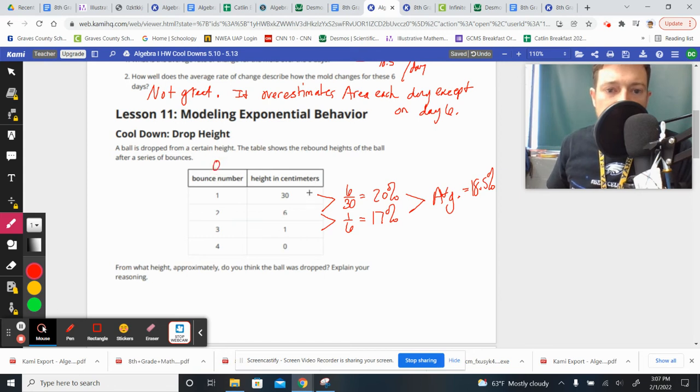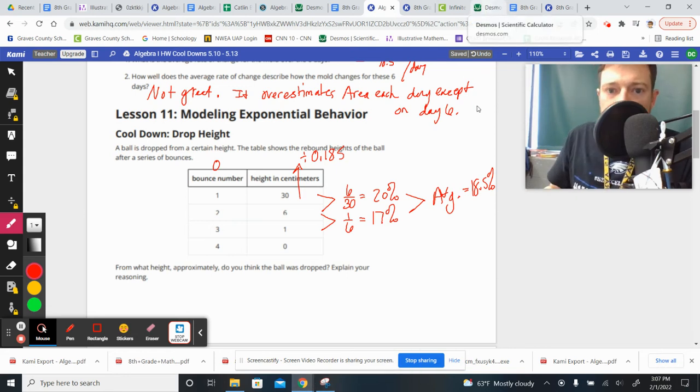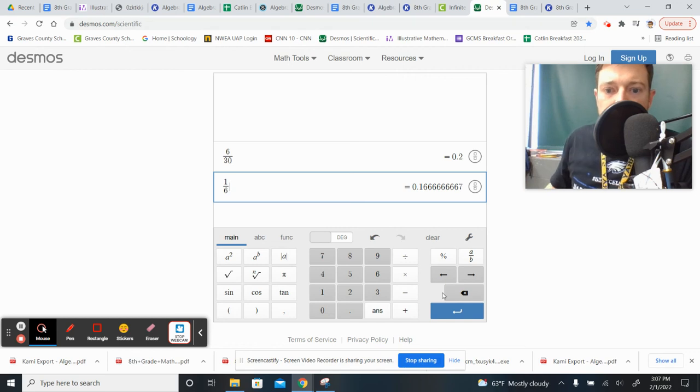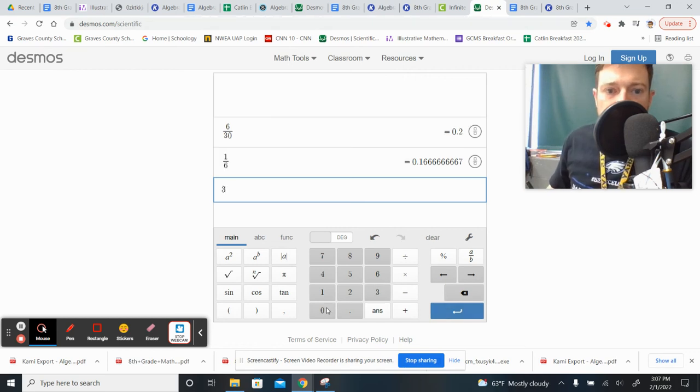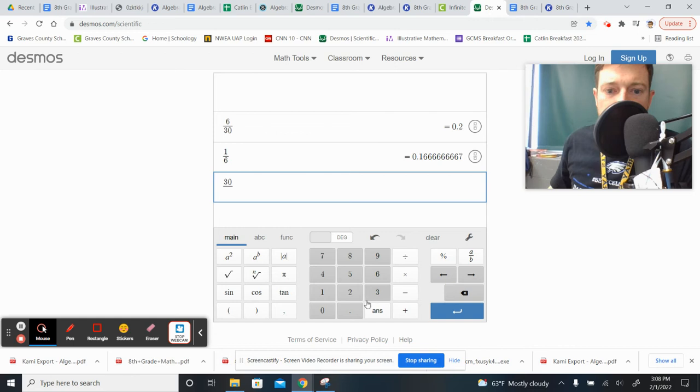So to go back up to the zero bounce, we're going to take 30 and divide it by our 18.5%, which would look like this in decimal form. So I'm going to do 30 divided by 0.185. Let me go to my calculator and do that. 30 divided by what we feel like our growth factor is going to be, 0.185, 18.5%.